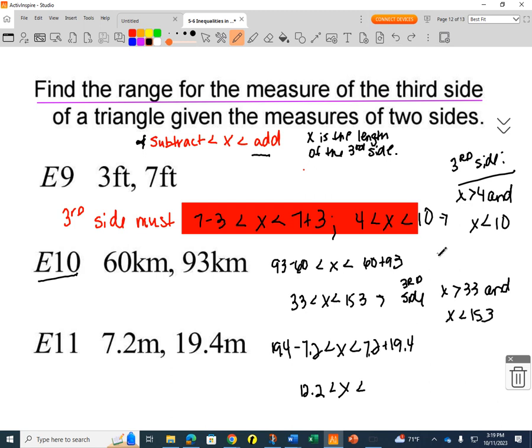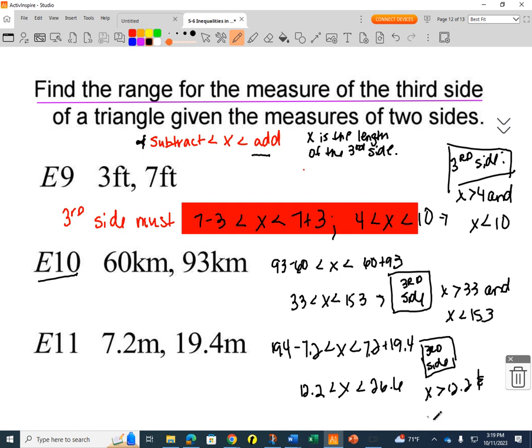So for the last example, the third side, x, is going to be greater than 12.2, and it has to be less than 26.6.